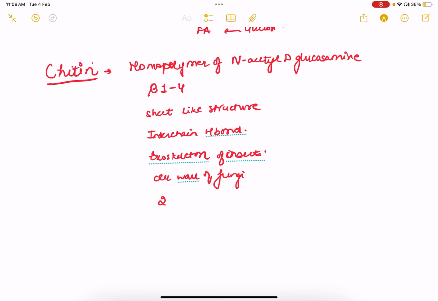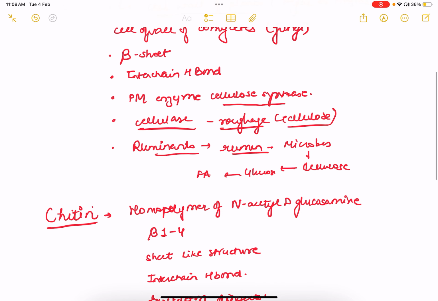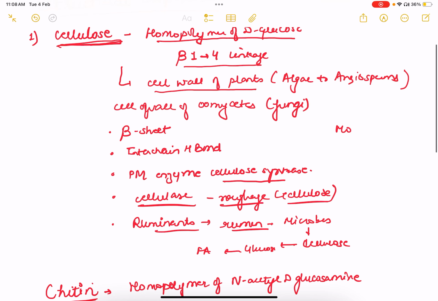It is the second most abundant biomolecule. The first most abundant biomolecule is cellulose.